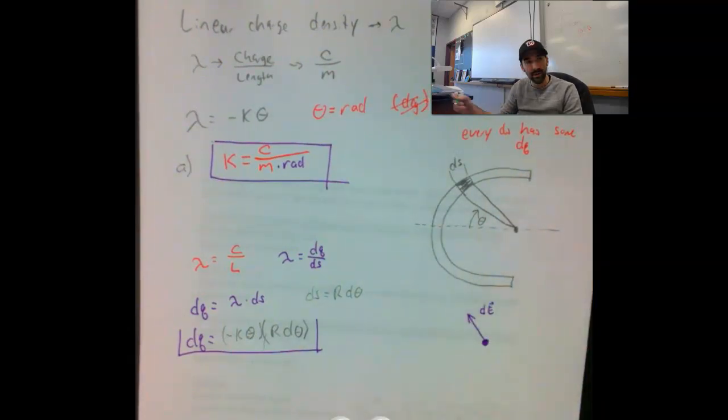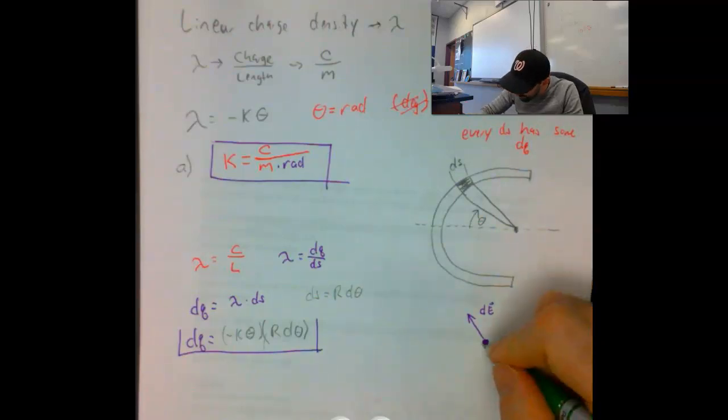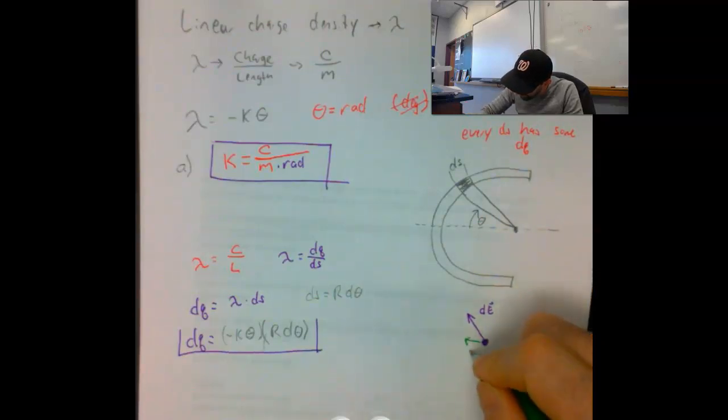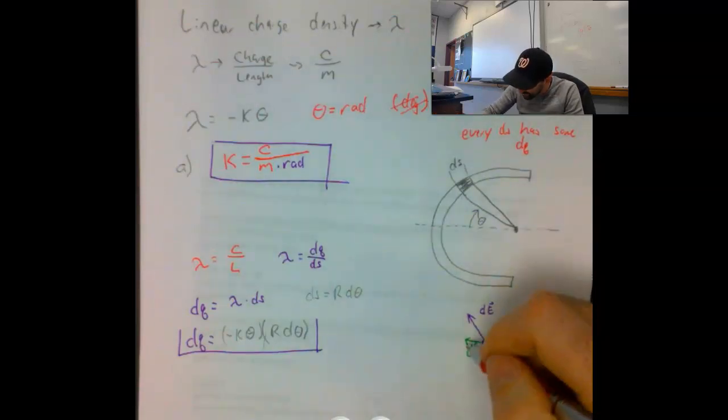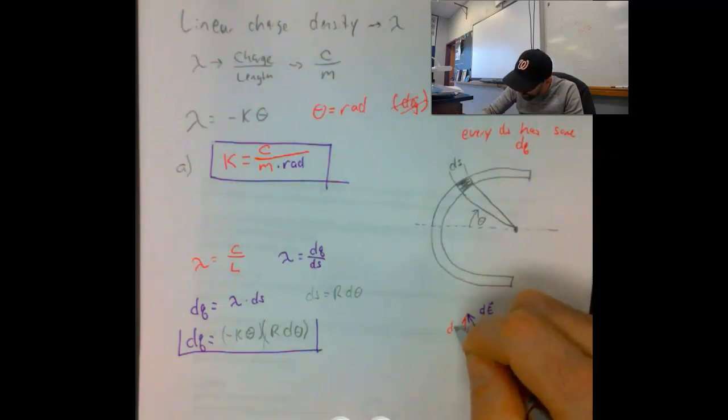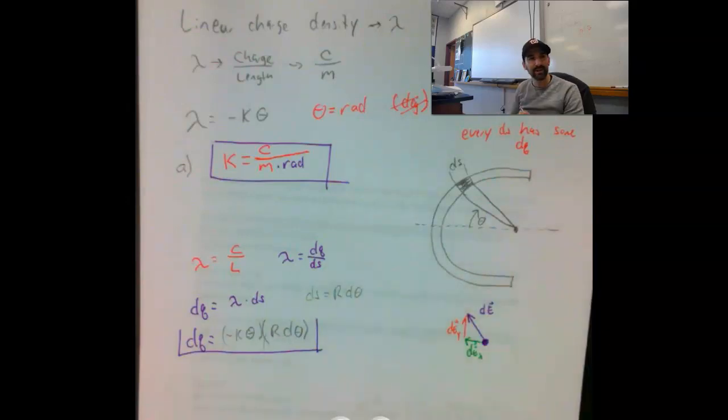Now, I also know that I can break that into components. I've got a dE in the x direction, and I've got my very small electric field in the y direction. Well, because I'm going to start to make these symmetrical arguments, I want you to think, wait a second.